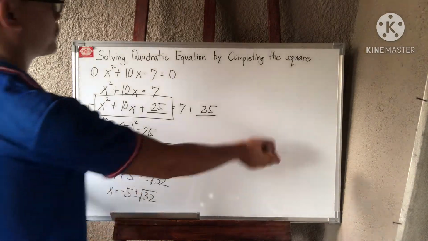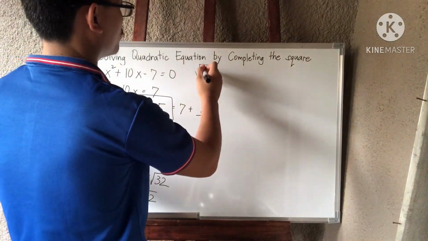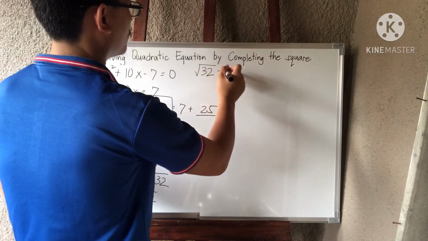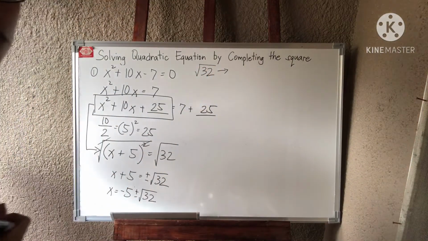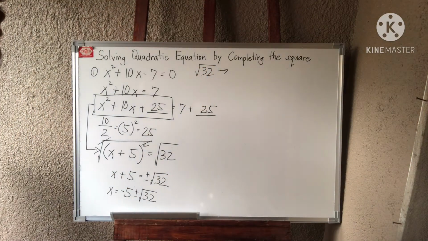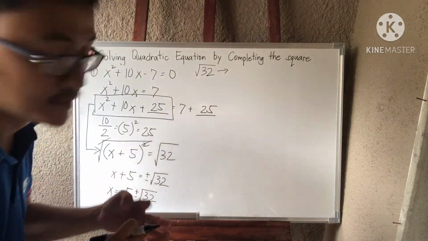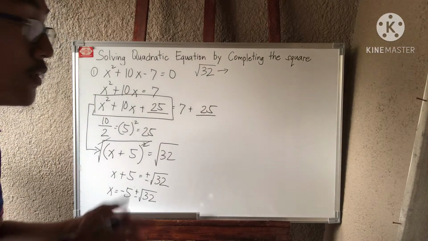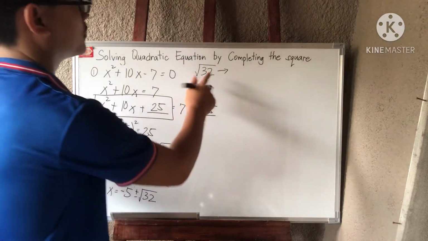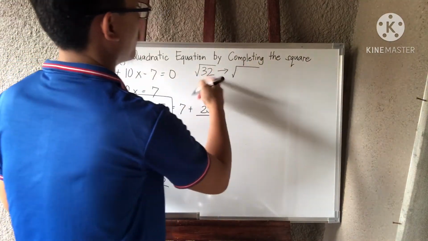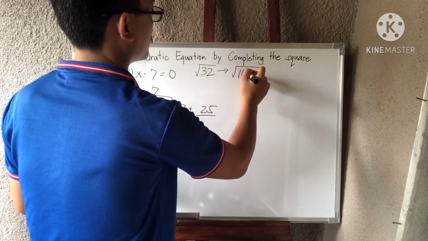So, tingnan natin. Yung 32, square root of 32, na may factors na perfect square. Ano-ano ba yung mga perfect square numbers? Diba? You have 1, 4, 9, 16, 25, and so on. Since ang 32, meron siyang factors na 16.